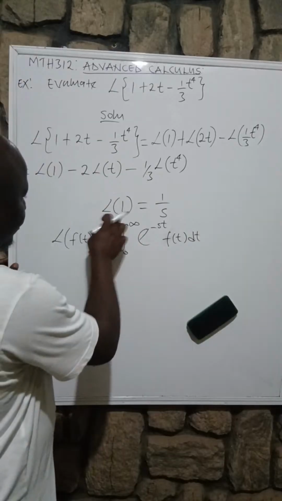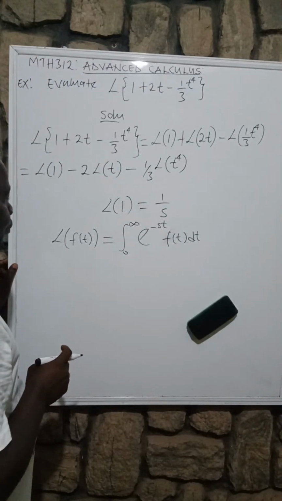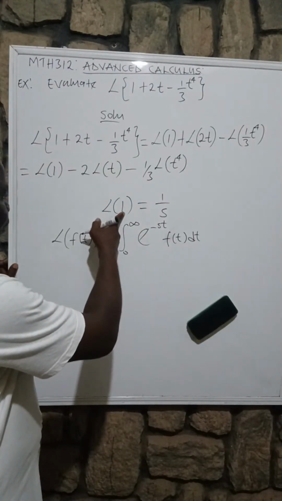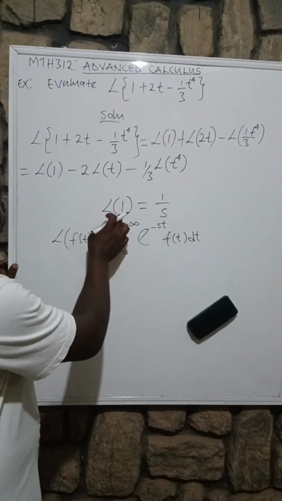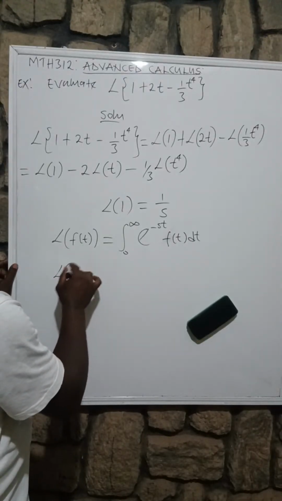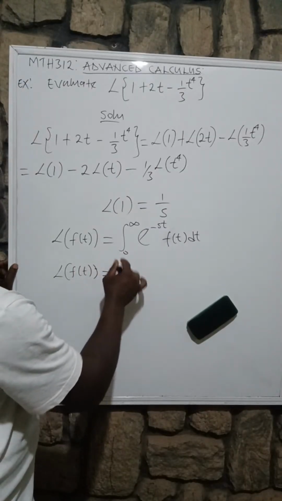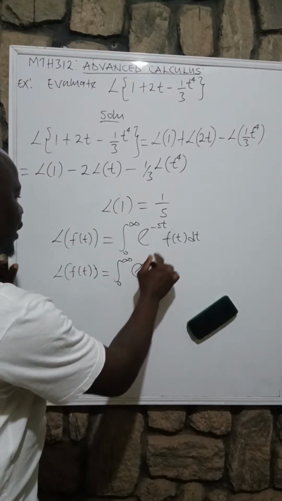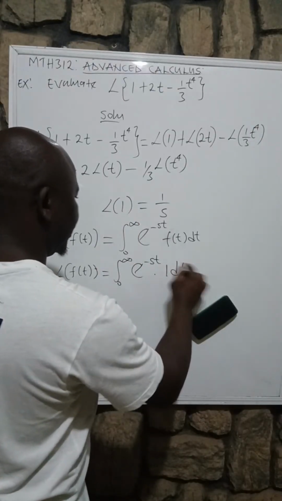I want to prove it to you. So if now you have been given Laplace of 1, it means this is the function, so our f of t is 1. So here we are going to have Laplace of f of t equals the integral from 0 to infinity of exponential minus st times 1 dt.